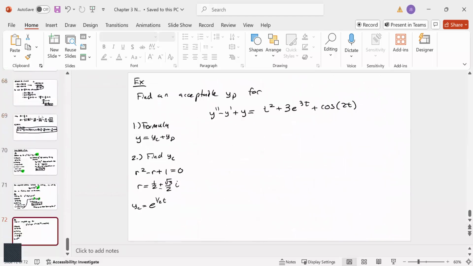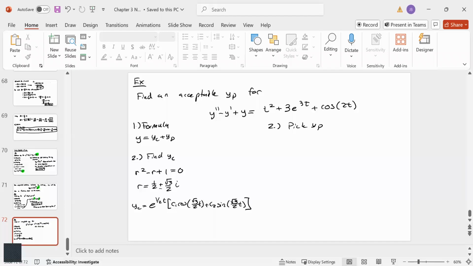Oh well, I'll fix it later. And then c1 cosine square root 3 over 2 t plus c2 sine square root 3 over 2 t. What I'm looking for is, is there any matchup? No? Okay, we're good. All right, step two, pick yp.